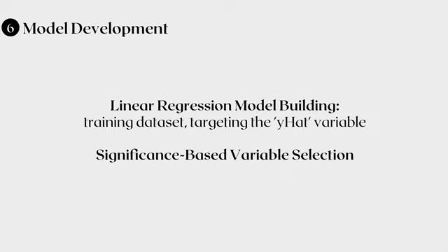Variable selection considering significance. The reason for this is to evaluate variable significance using p-values, aiming to identify non-significant variables, such as p-values exceeding 0.1, for potential removal in subsequent model iterations.